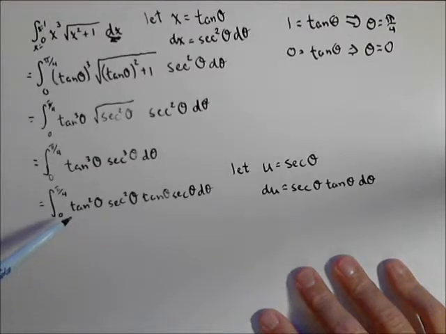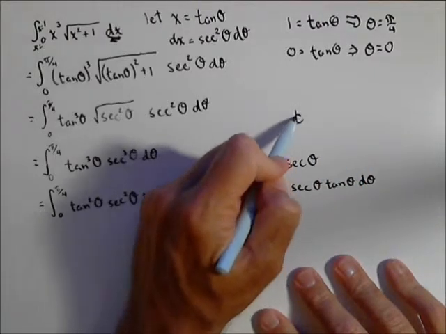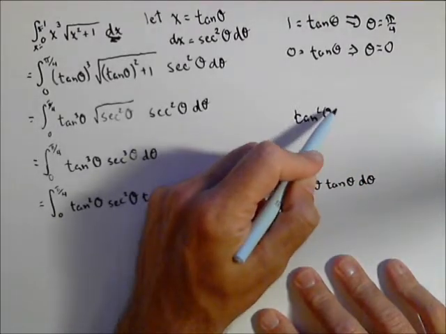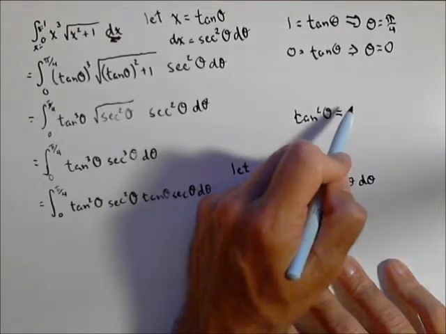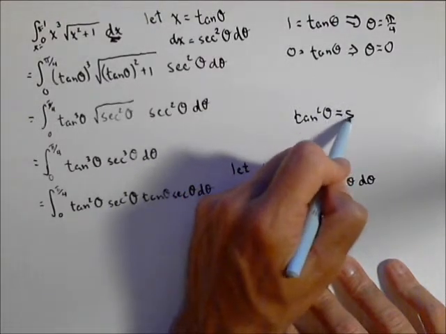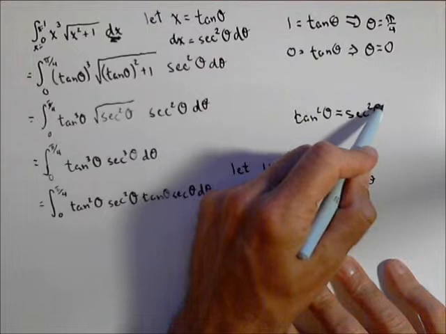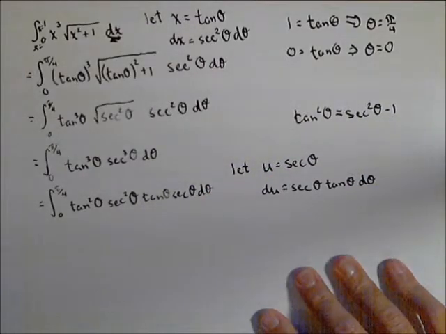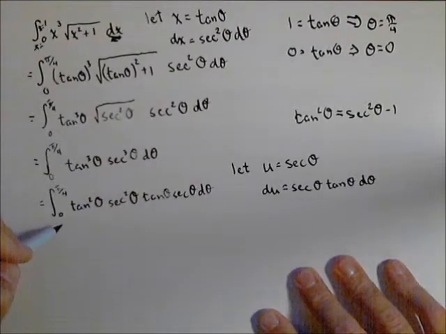Now the only thing I'm not quite going to be able to substitute for is the tangent squared. But remember, by the Pythagorean identity, tangent squared theta is actually equal to secant squared theta minus 1. So you see that the Pythagorean identity plays very heavily in trig substitution.